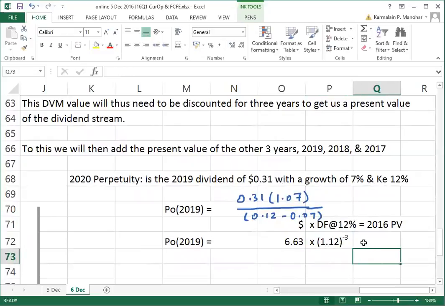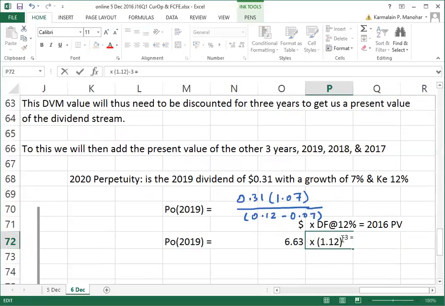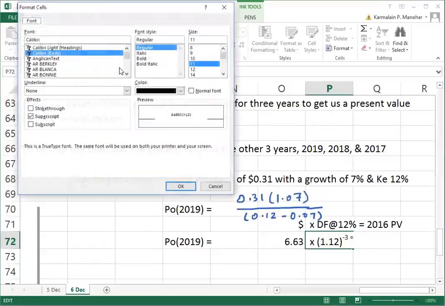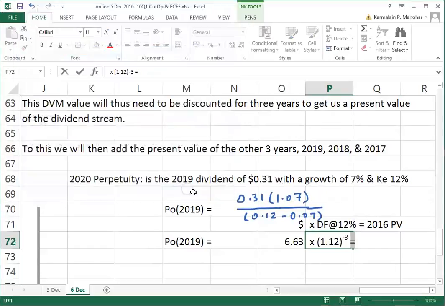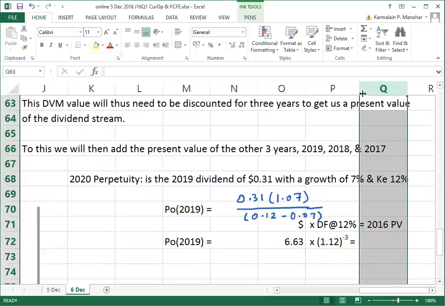Make sure everybody's good. Good. What do we get? Discounting 6.63, 3 years at 12%.